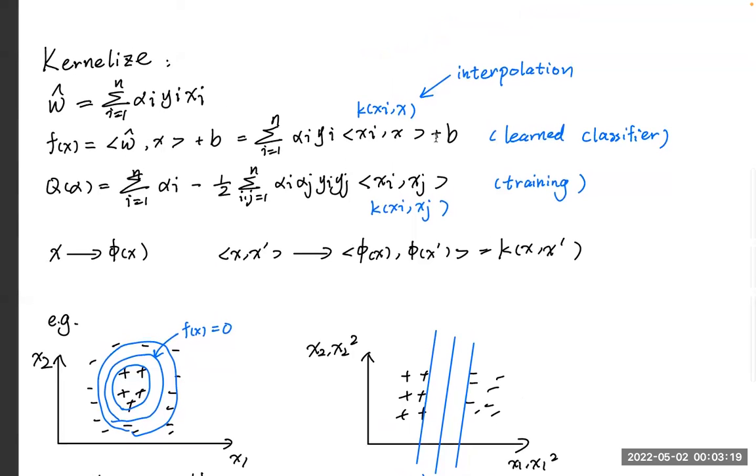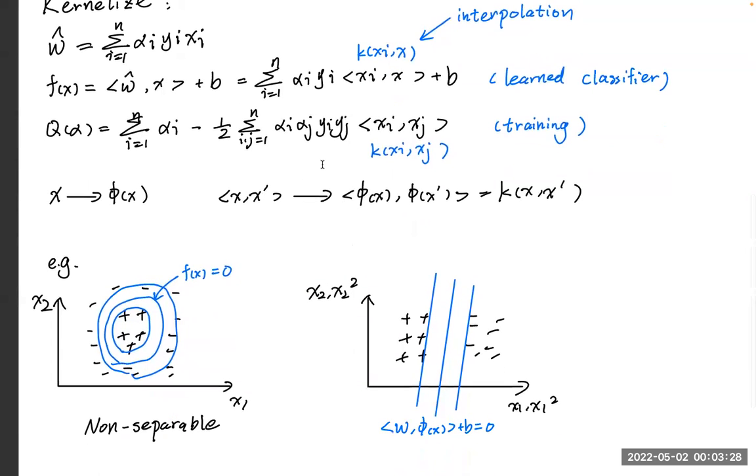And then it will be changed to this summation alpha i yi k xi x. So therefore, this boundary is w phi x plus b equal to 0, right? And in particular, this is how we score this x. But the phi is actually implicit. So this one is the same as this one.